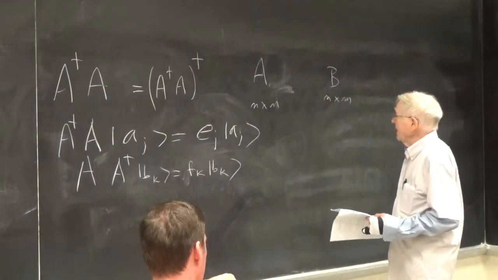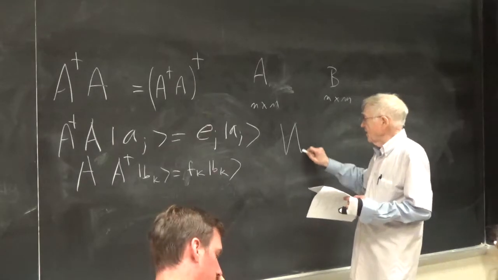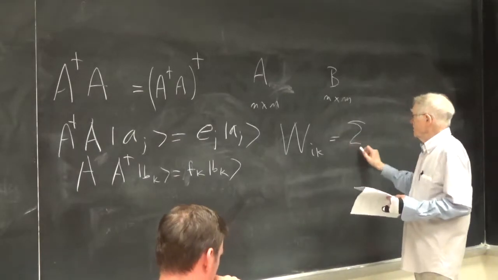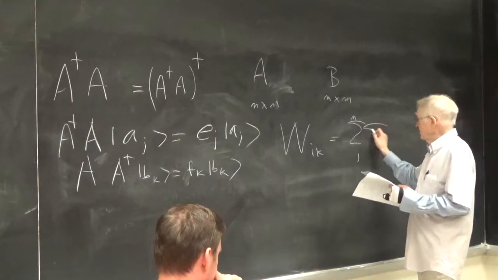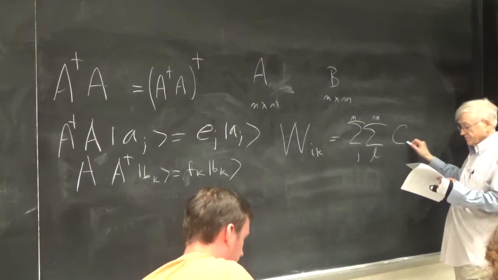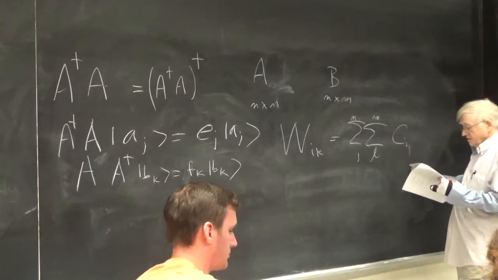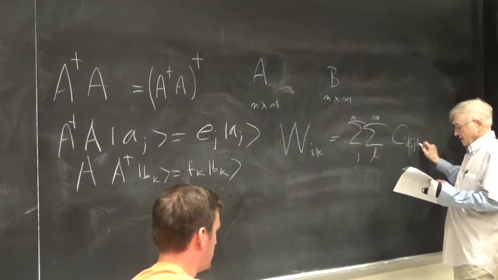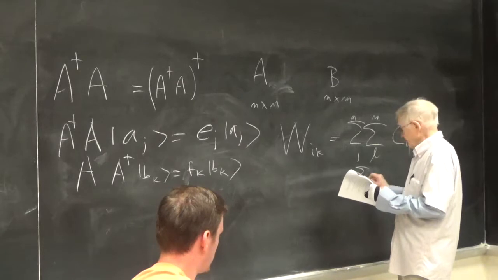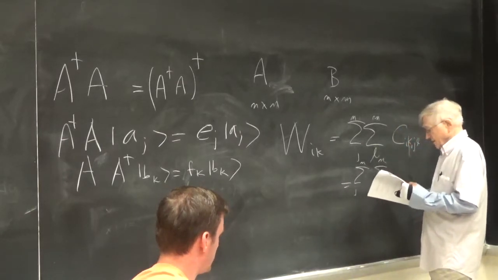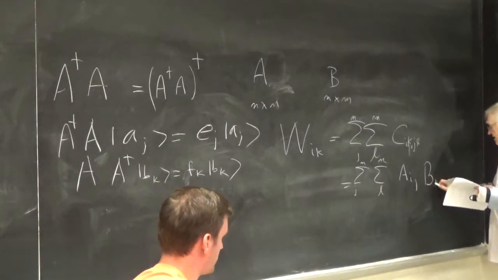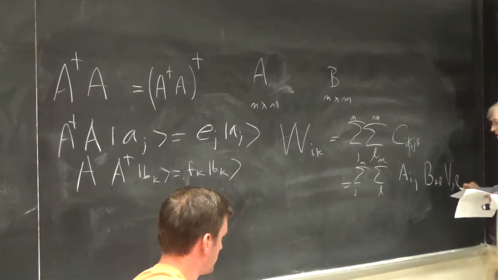Now you can have a new matrix that's a direct product, and as a matrix its element would be a sum on J up to n, a sum on L up to m of A_IJ, B_KL, V_JL.